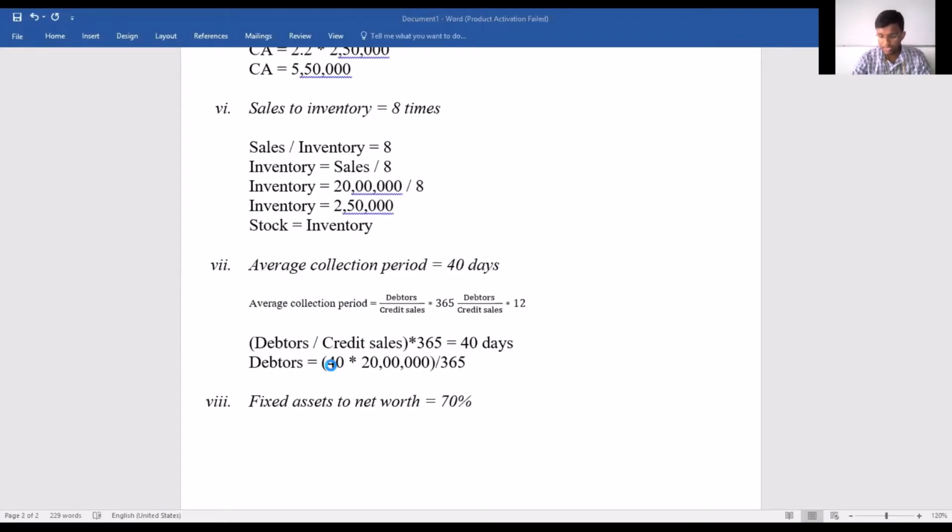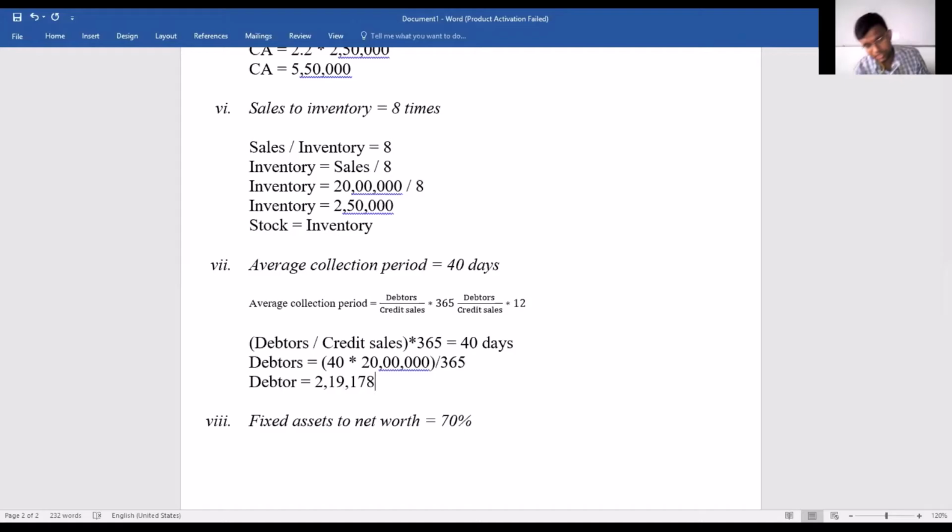The debtor value is 2,19,178, and then it comes further in decimals. Since the remaining is coming in decimals, I'm just rounding it off. So that is your value of debtors.